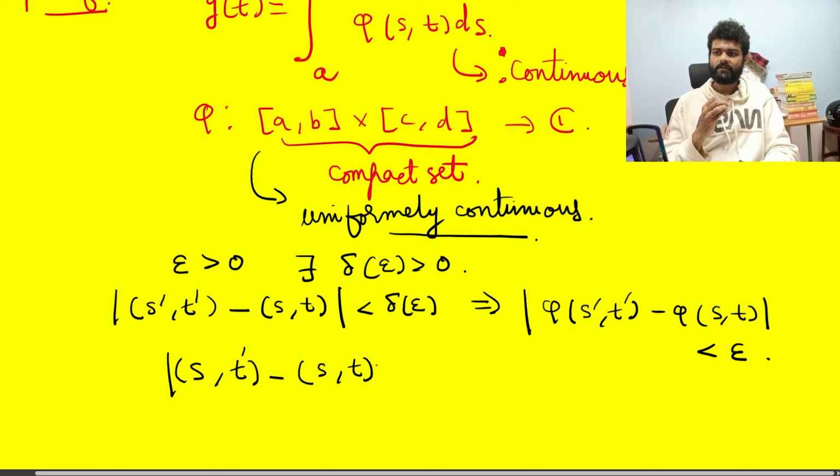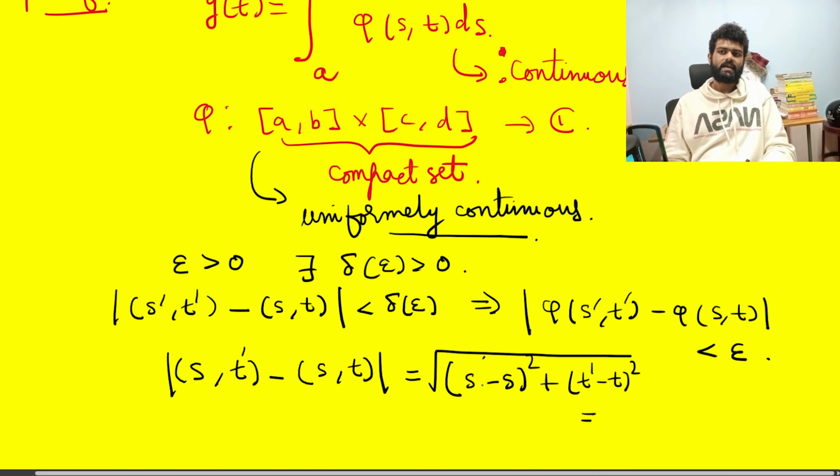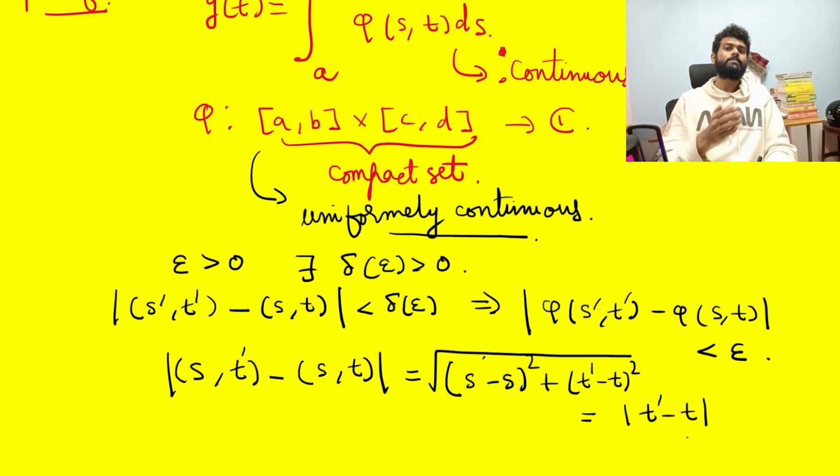So you need to calculate the distance. That's basically the square root of (s minus s) squared plus (t' minus t) squared. Because s and s is the same thing, it's 0. So this is basically t' minus t. Okay, so this distance is the absolute value of t' minus t.